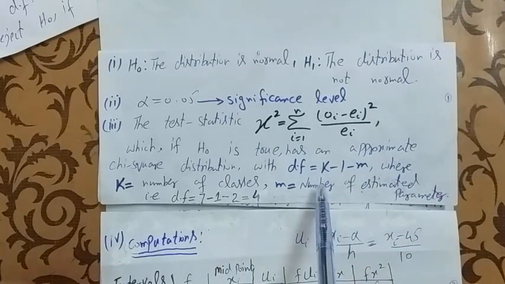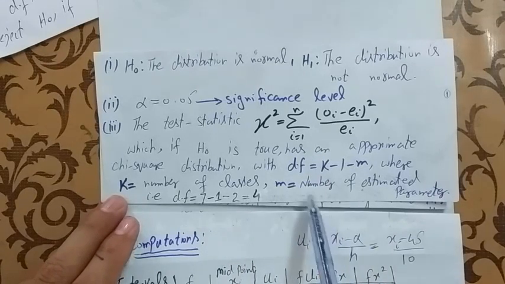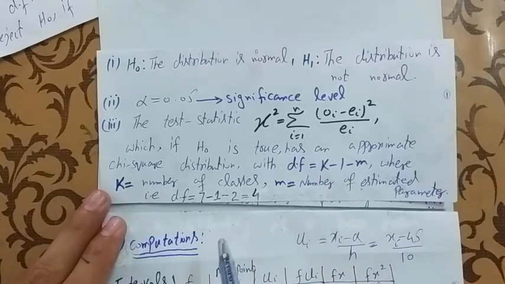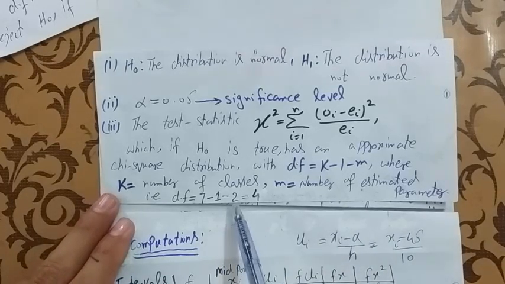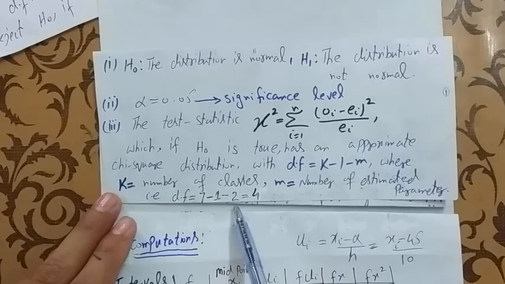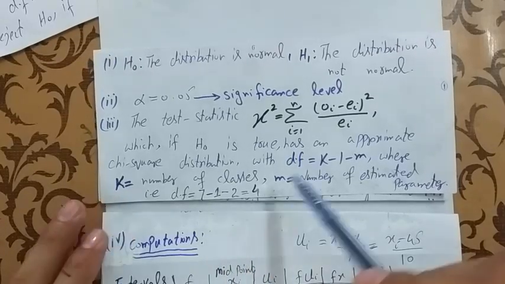So k is 7, minus 1, and m is the number of estimated parameters. For the normal distribution, you know there are two parameters, mu and standard deviation, so m is 2. Seven minus 1 minus 2 is equal to 4. This is the degree of freedom for our problem.